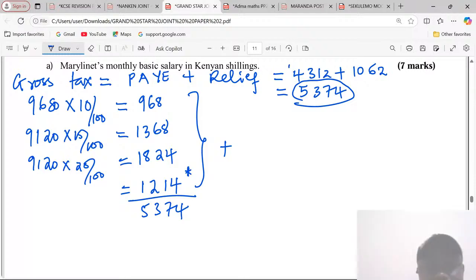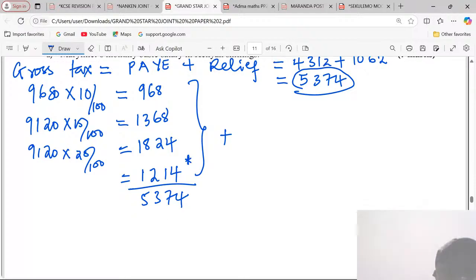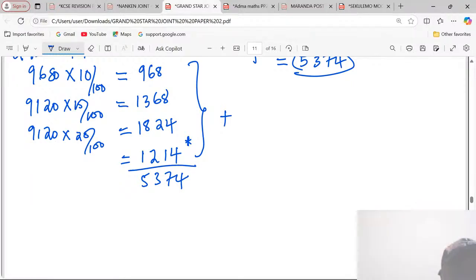That means there is a certain amount unknown, X, at the rate of 25%, so that we may get the tax of 1214. So we can compute the unknown X. X times 25 over 100 should give us 1214. So what is X?